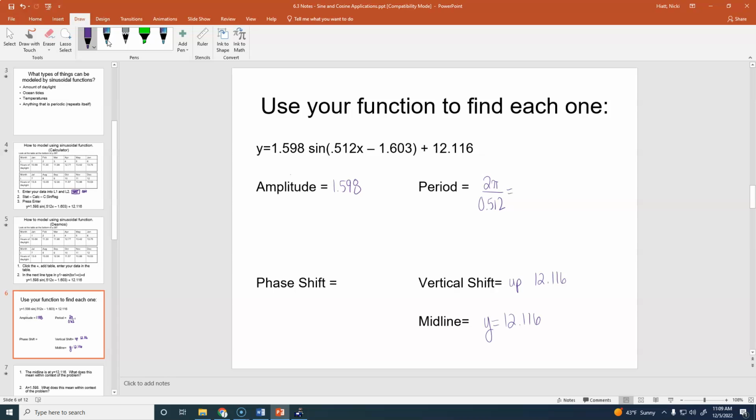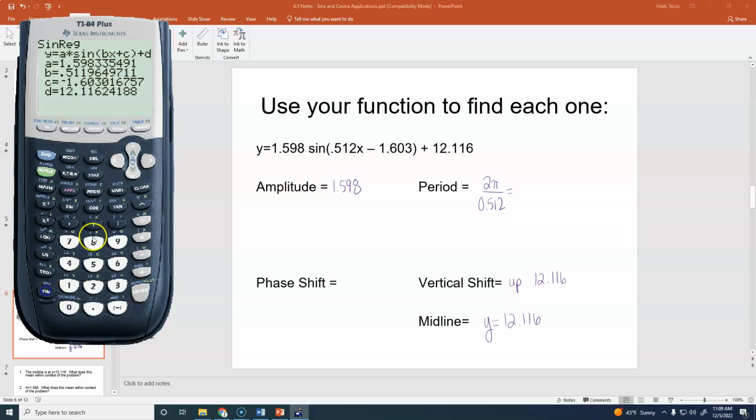Since that's a decimal, let's just go ahead and type that in and get the decimal that it equals. 2 pi divided by 0.512, 12.272.